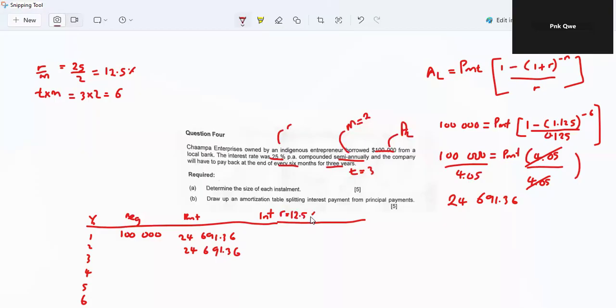So 12.5% of 100,000 is 12,500. Then for the principal paid we subtract.